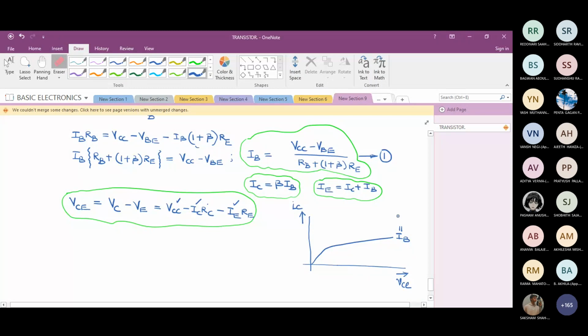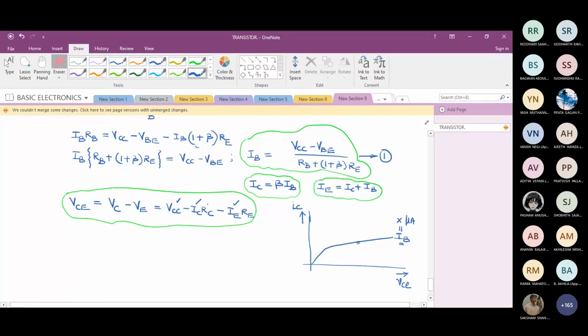say IB is some X microamps. How do I get this IB value? From equation number 1. Any doubts in this? No, sir. Can we draw the load line on this? We can easily draw it. Or before that, do we know the IC value for a given IB value? Yes, sir.